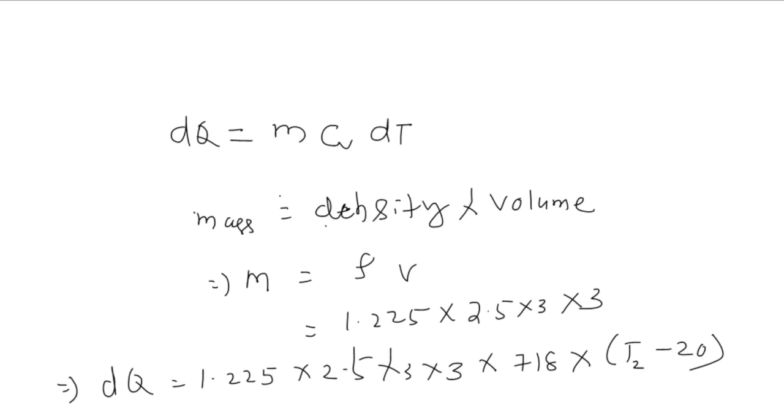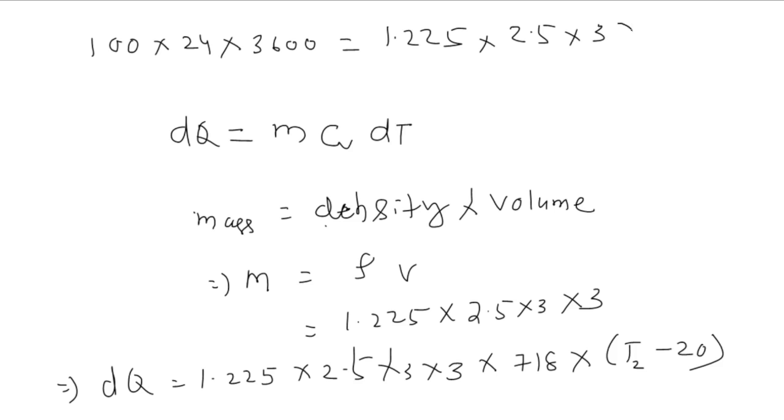Now the dQ value we have already calculated, that is 100 into 24 into 3600, equals 1.225 into 2.5 into 3 into 3 into 718 into T2 minus 20.